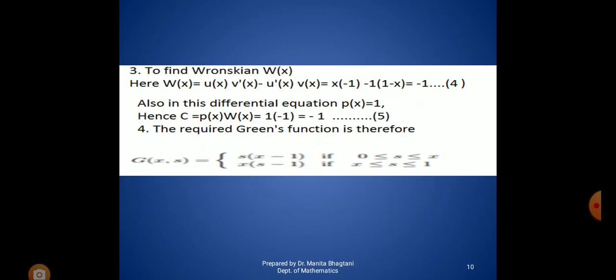So, c equals p(x) into W(x) equals 1 into minus 1, that is minus 1. So, the Green's function is s(x minus 1) if x is greater than or equal to 0 and less than or equal to s, and x(s minus 1) if s is less than or equal to x and less than or equal to 1.